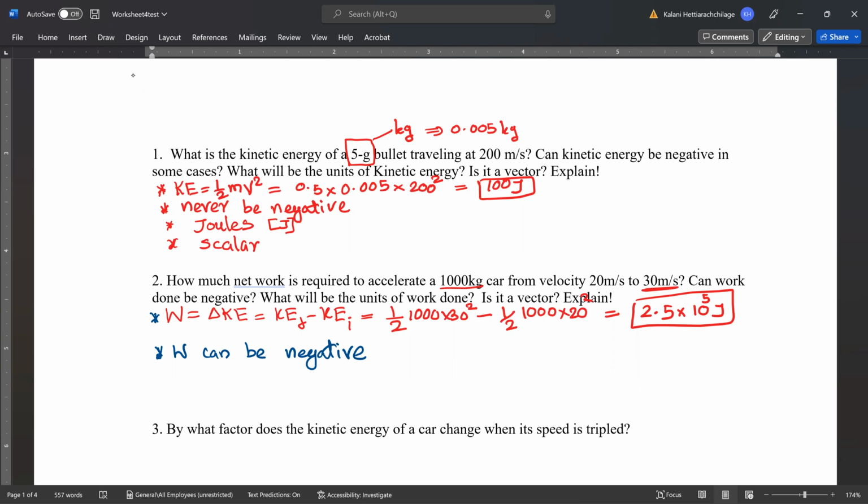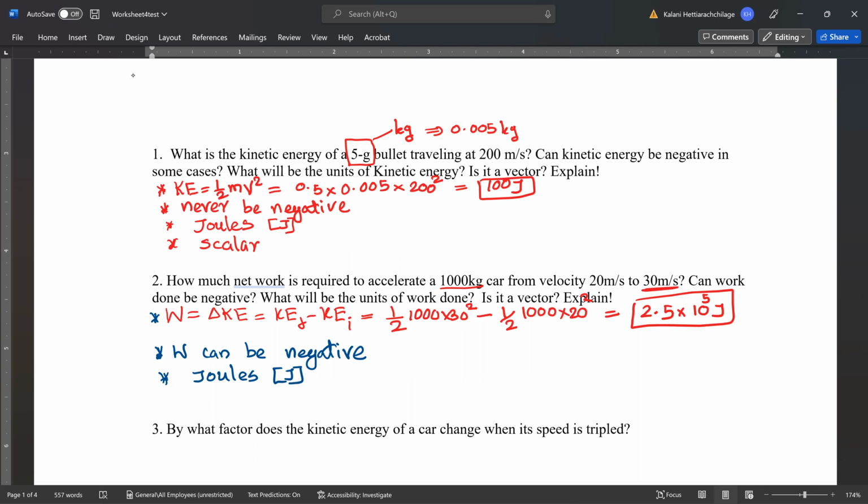So it is possible to be negative. And then what will be the units of the work done? Work done has the same unit as the energy because it is the change of kinetic energy. So it is still the units of energy.